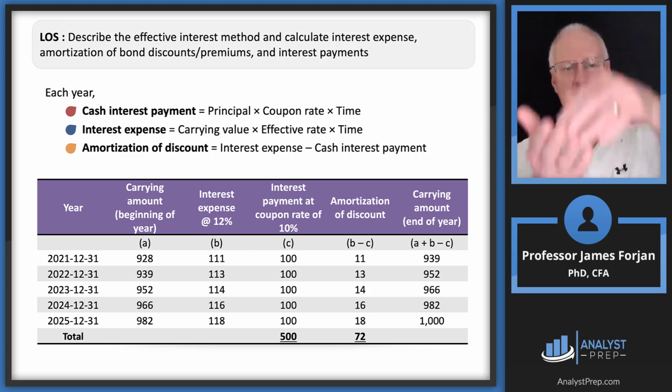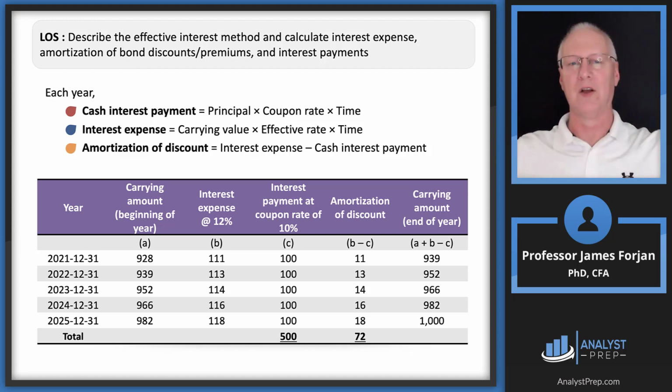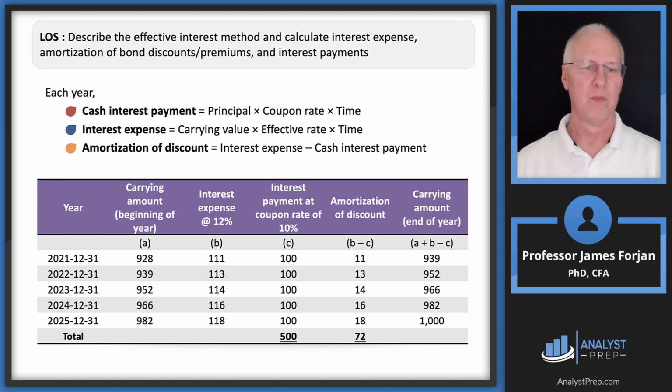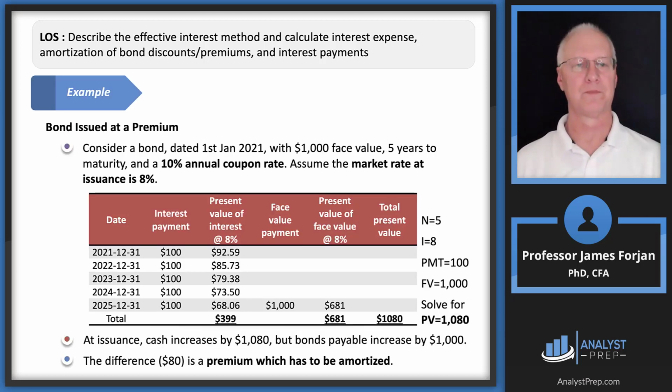Oh my gosh, you'd have to do a table that goes like this and goes like that. I would never ask a question like that, and I'm pretty sure the Institute would never ask a question like that. But it's clearly reasonable to ask you to do this over a 3, 4, or 5 year period, probably not 10 years or 20 years.